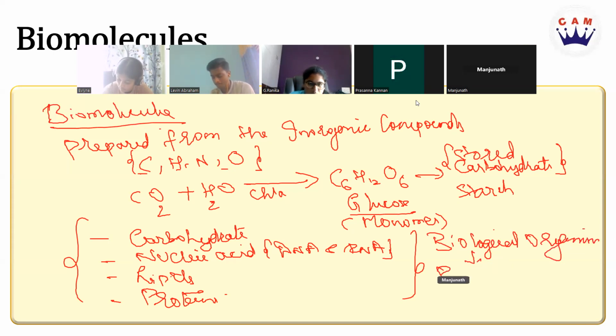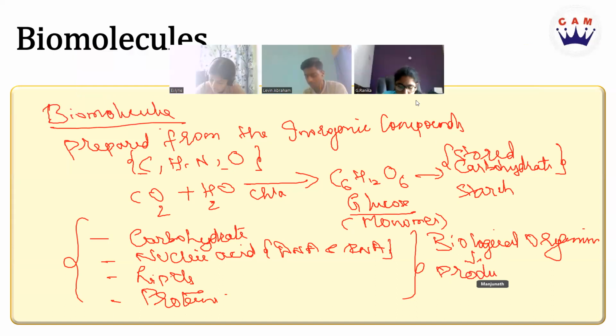So producer is a plant through which the metabolites are produced through photosynthesis. Consumers are all other heterotrophic organisms which are dependent upon the producers for their food. So this is a brief introduction for the chapter biomolecule.